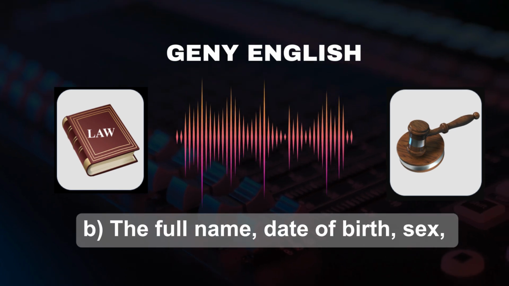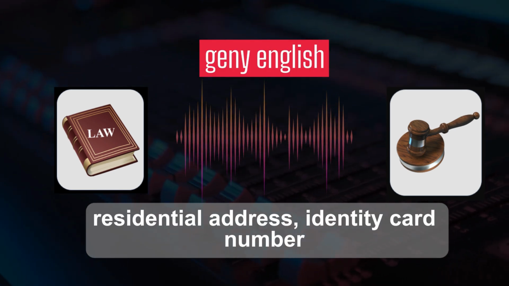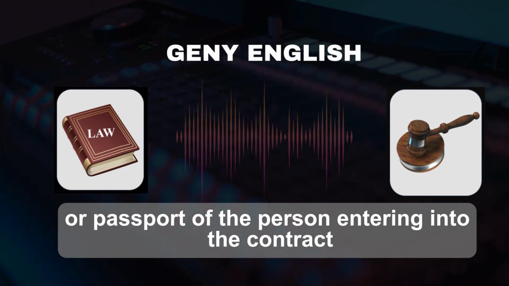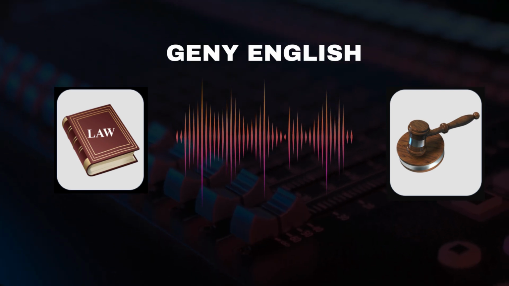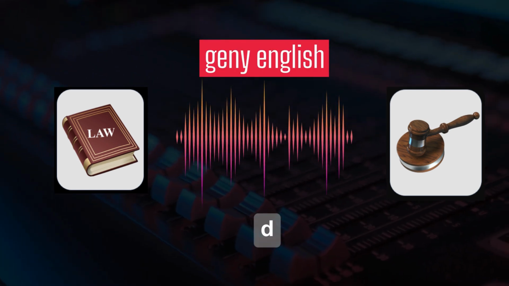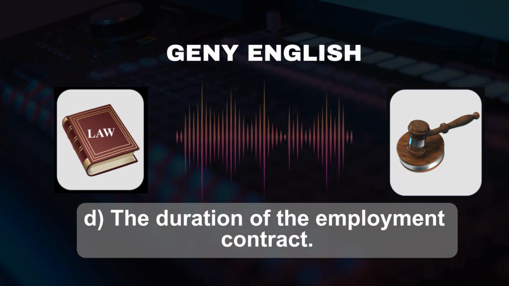B. The full name, date of birth, sex, residential address, identity card number or passport of the person entering into the contract from the worker's side. C. The work to be undertaken and the place of work. D. The duration of the employment contract.